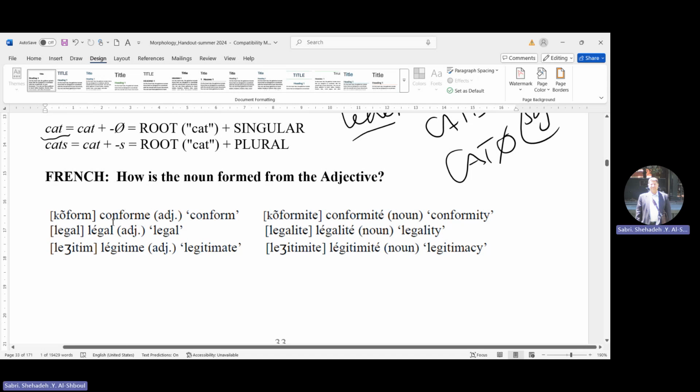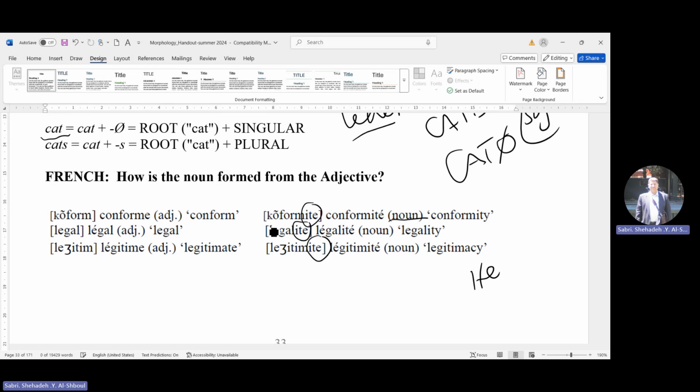In French, we have an example of forming nouns from adjectives, which is a kind of derivational process. So here we have conforme, adjective, conformité in noun form; legal, adjective, légalité; also légitime, adjective, légitimité.